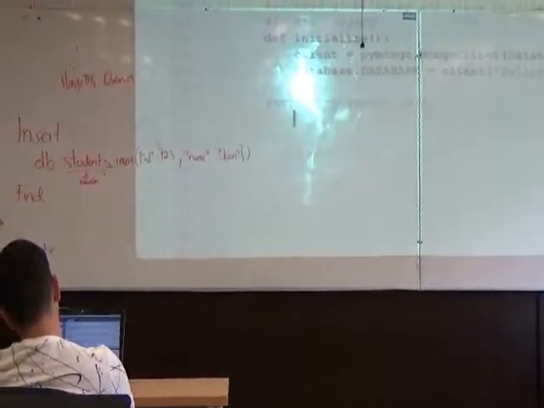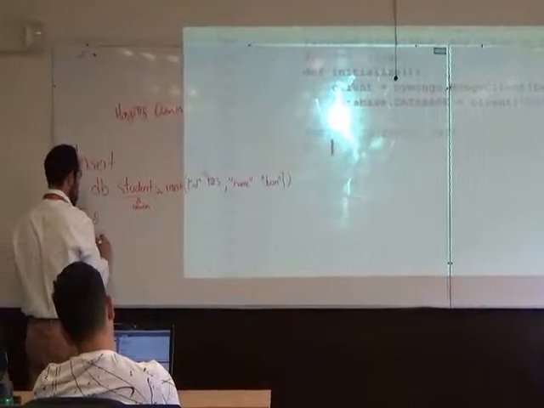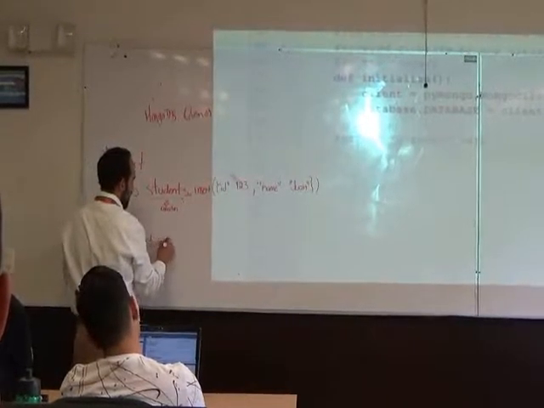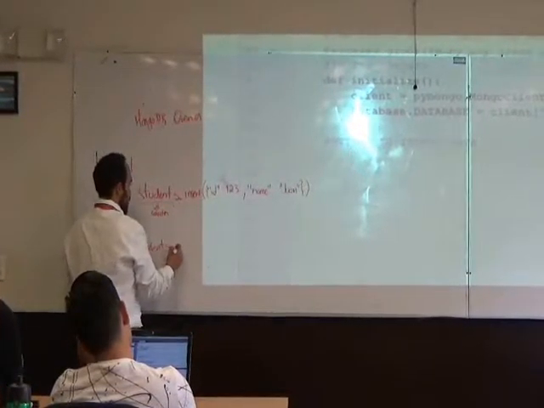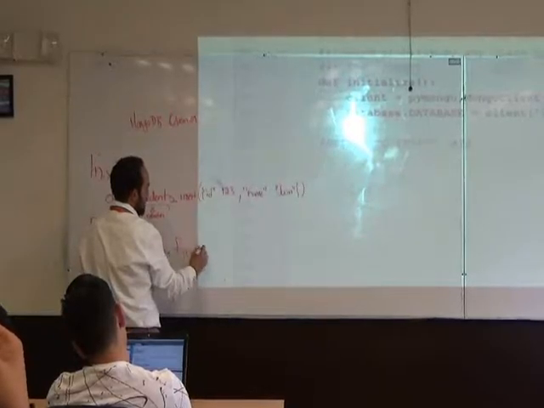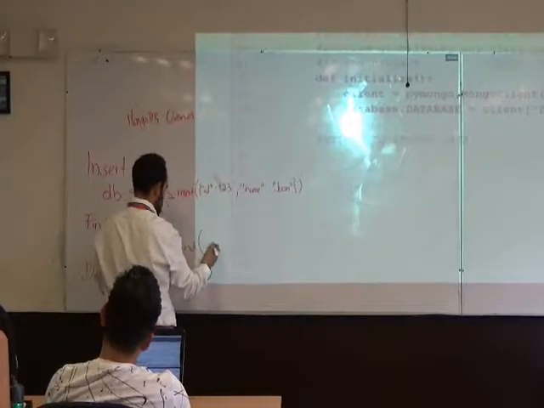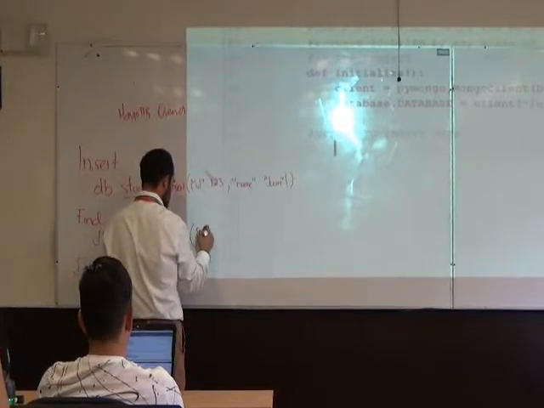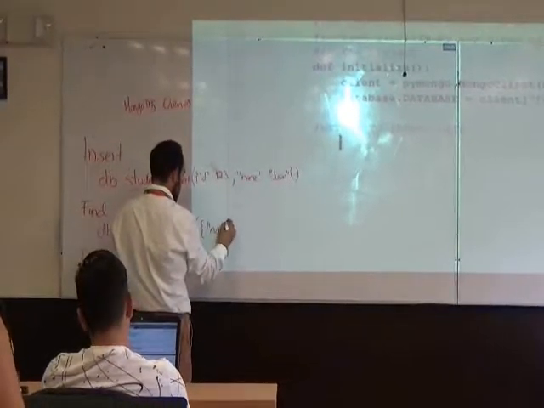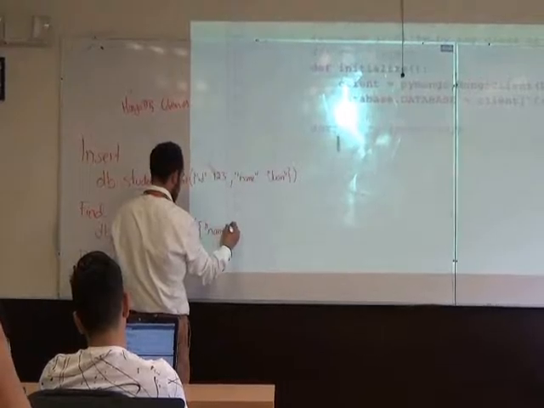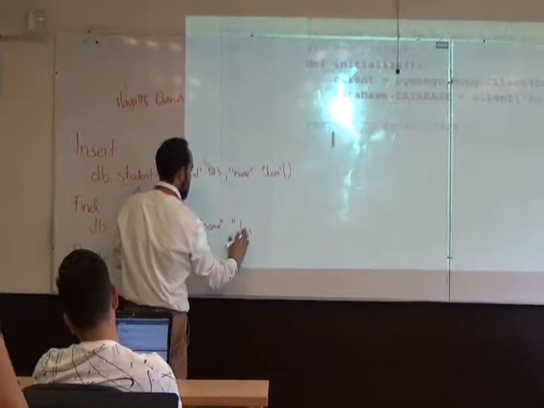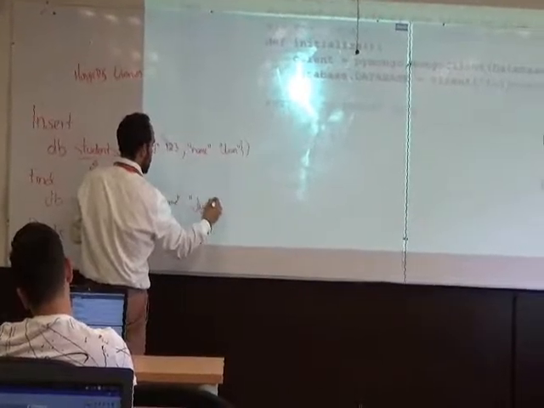Then to find is the same, DB, then the collection, then the word find, that is the query, and then you can find the object, a specific object, such as I want to find all the names that are Juan, for example. Right?